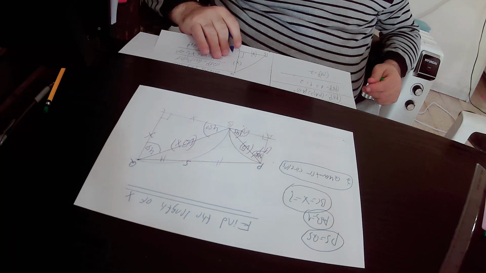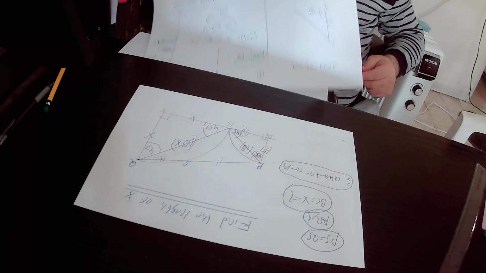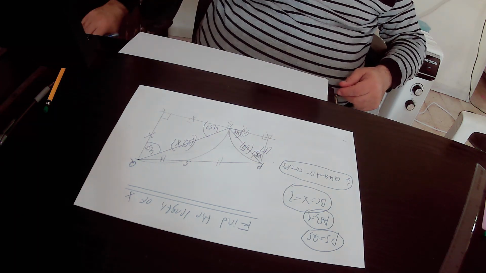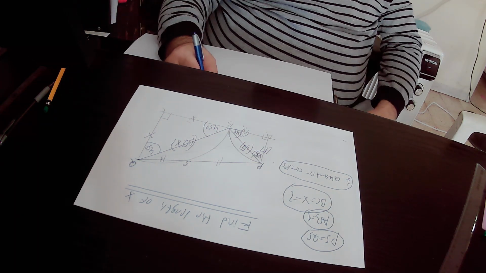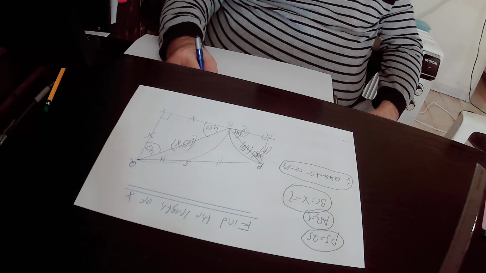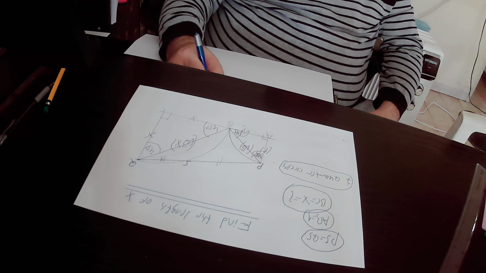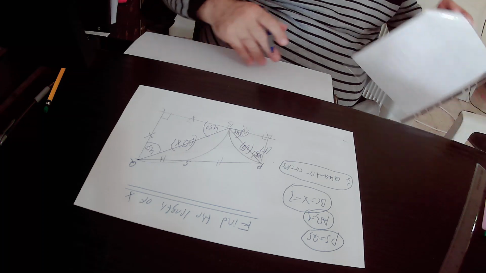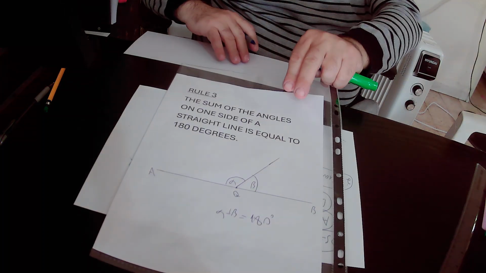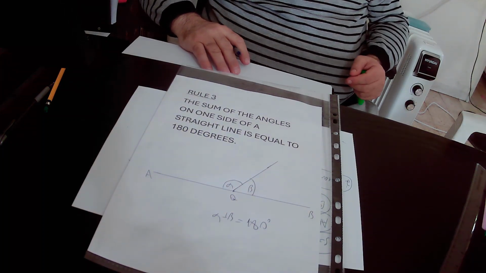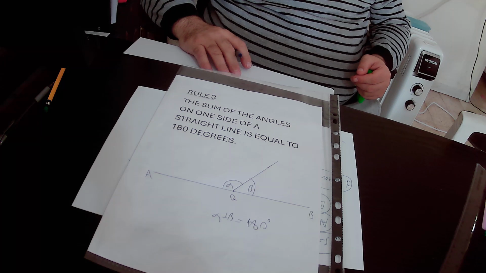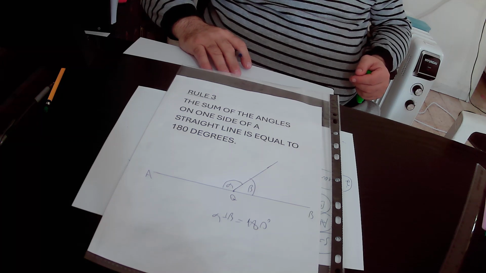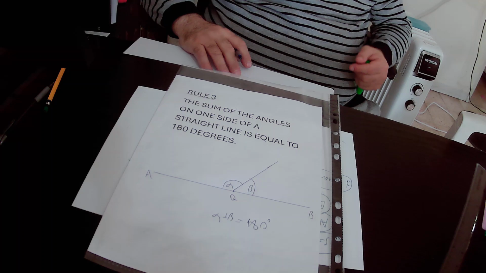Okay. In the next step, I will present to you rule number 3, and we will implement rule number 3 in our drawing. According to rule number 3, the sum of the angles on one side of a straight line is equal to 180 degrees.